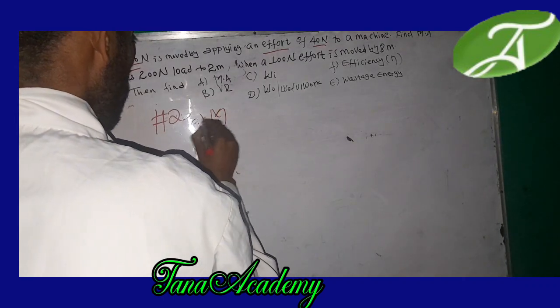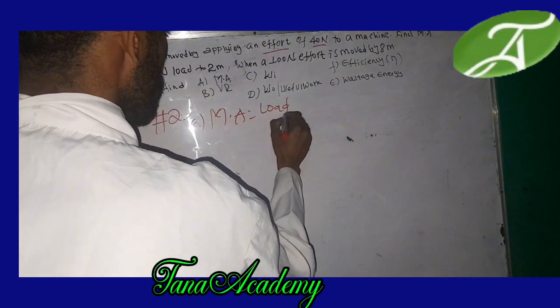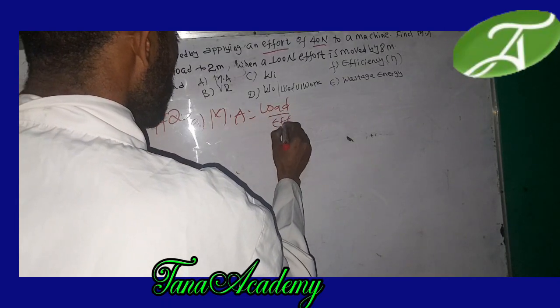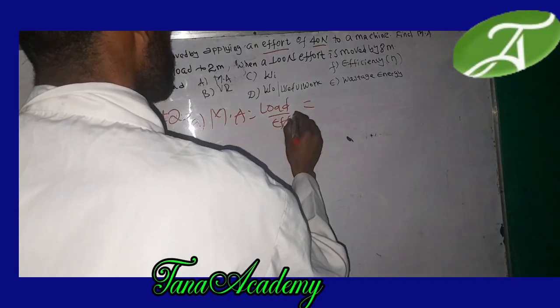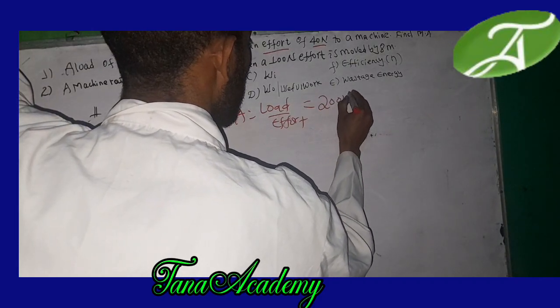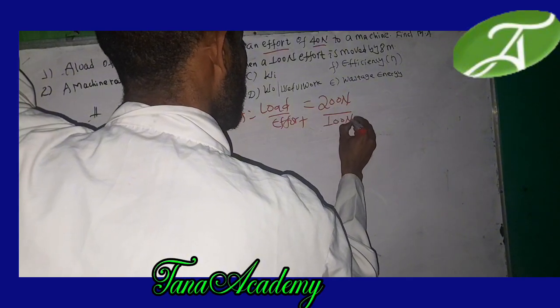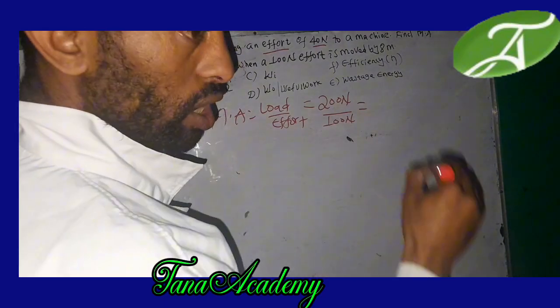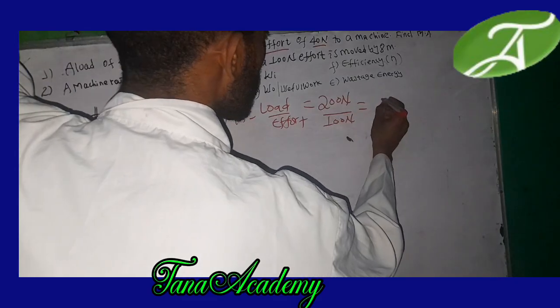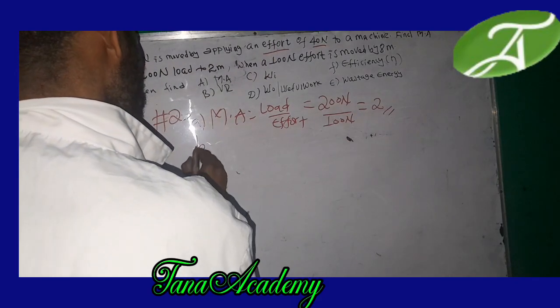A. Mechanical advantage is equal to load over effort. Load is 200 Newton over effort is 100 Newton, which is equal to 200 Newton over 100 Newton, becomes 2. Mechanical advantage is 2.